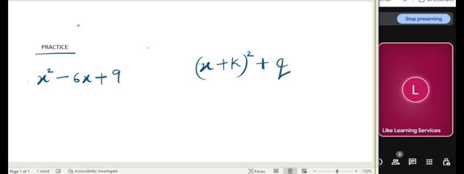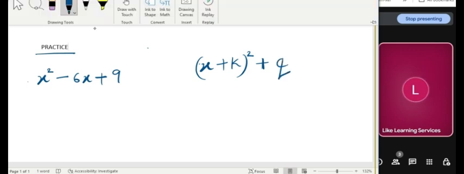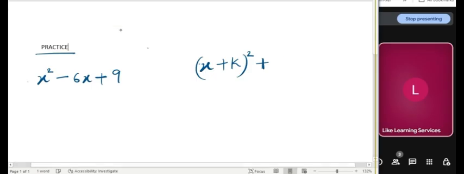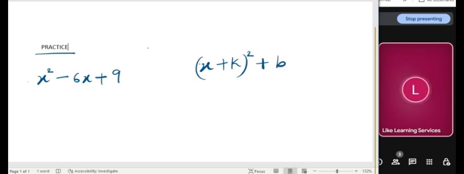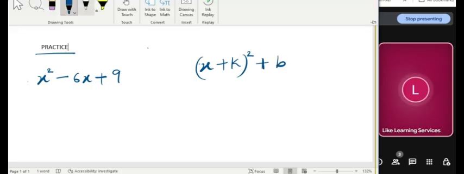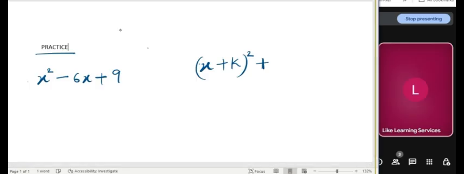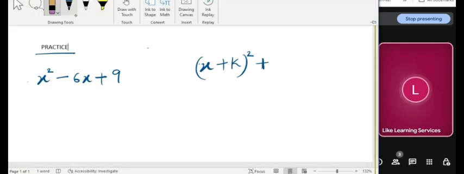But I will use a different letter so that it doesn't look like the c for intercept. So, plus maybe b. So I'll just call this one a. Oh, I don't want to be using symbols that are standard symbols we use in factorization.